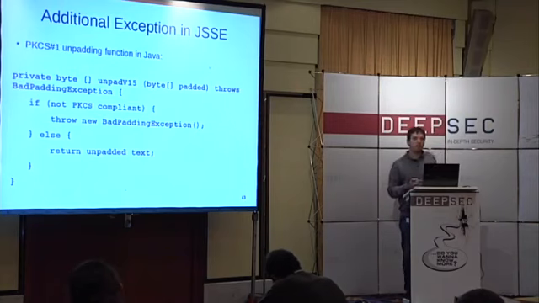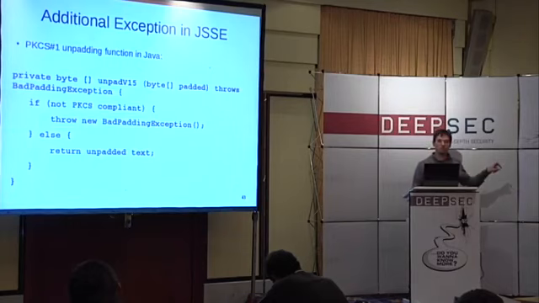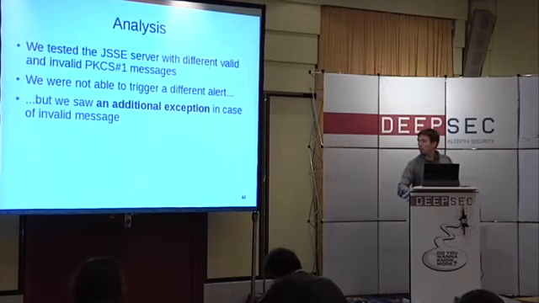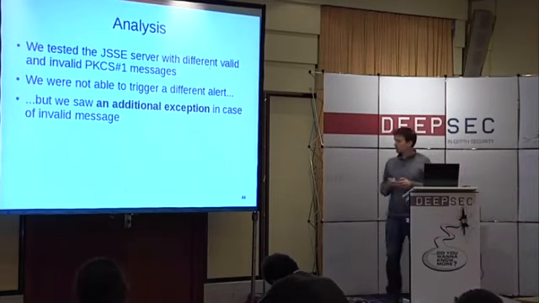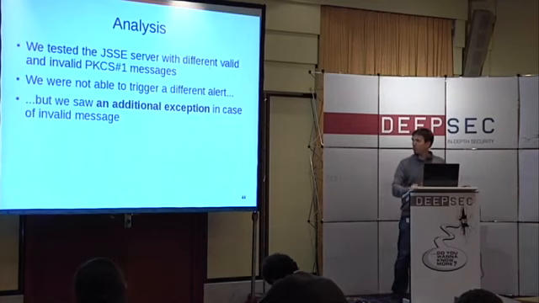This bad padding exception was not sent to the client, so it was not possible to see direct error messages. However, an exception generation lasts pretty long. We tested the JSSE server, and we saw this bad padding exception in the message log, but we can't see this from the client.